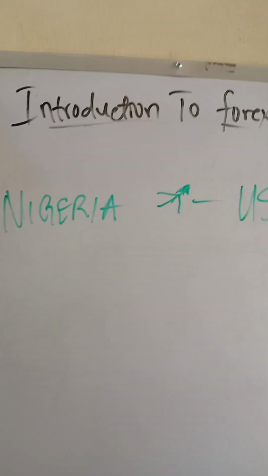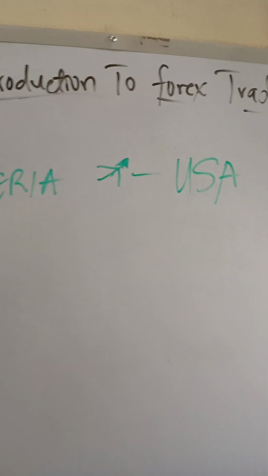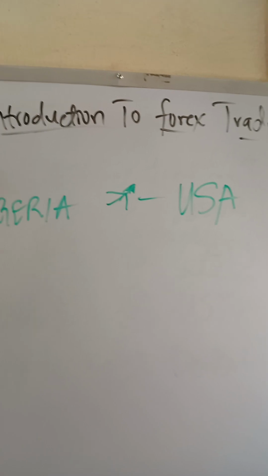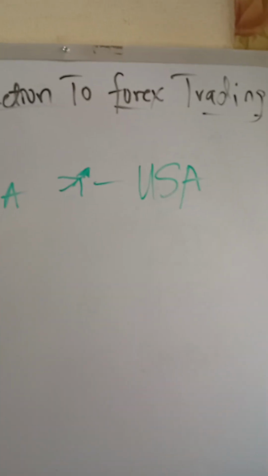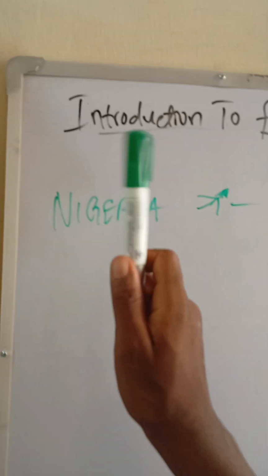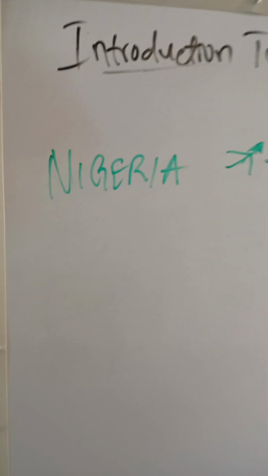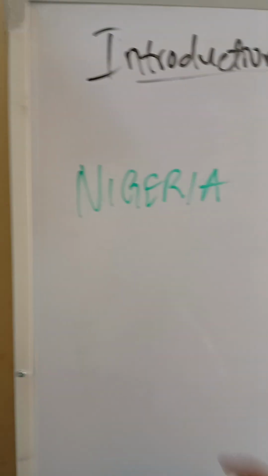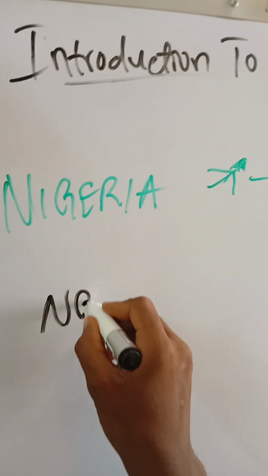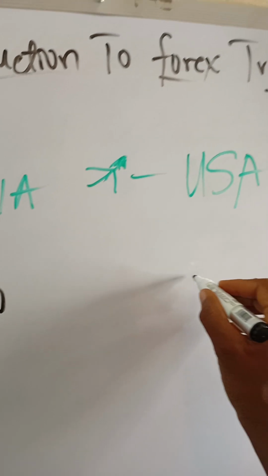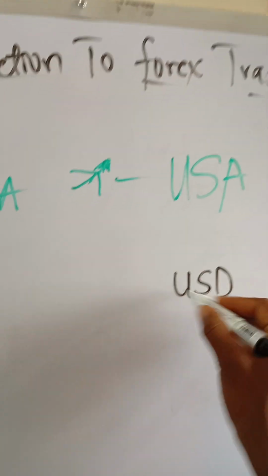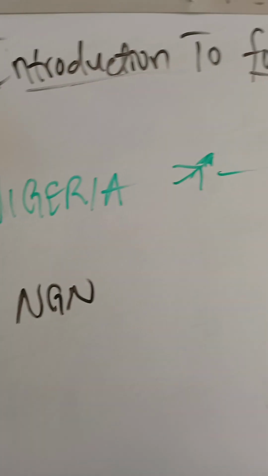Now, you live in Nigeria, you travel down to the United States. When you land in the United States, you are going to exchange your Nigerian naira, let me type the short form here, this is the short form of Nigerian naira, and this is the short form for United States dollar. So just keep that in mind, guys.